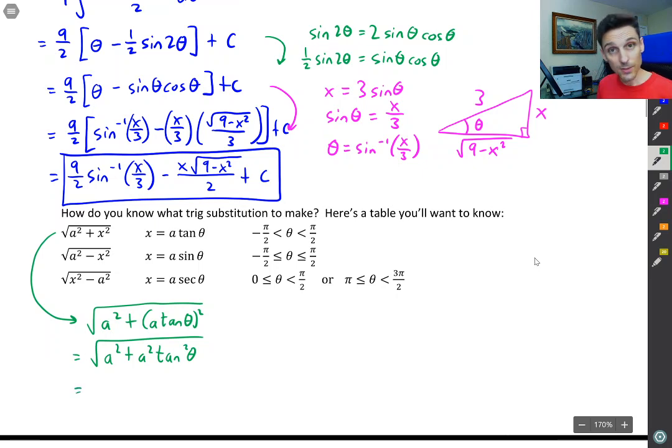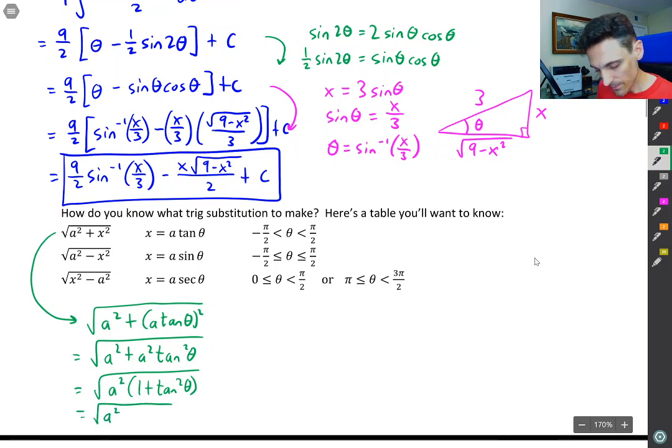And here the a squareds are matching, so we can factor out the a squared. And we're left with 1 plus tangent squared theta, which we know to be secant squared theta. So at the end, we just get a and then secant theta.